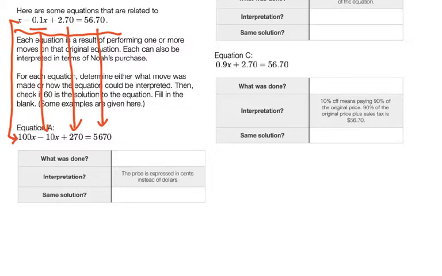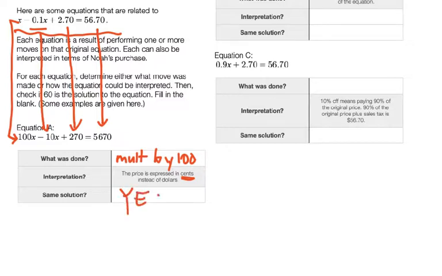Well, I'm hoping that you noticed that everything was multiplied by 100. And I know that's a little bit of a giveaway right here, this cents. How many pennies or cents make a dollar? 100.